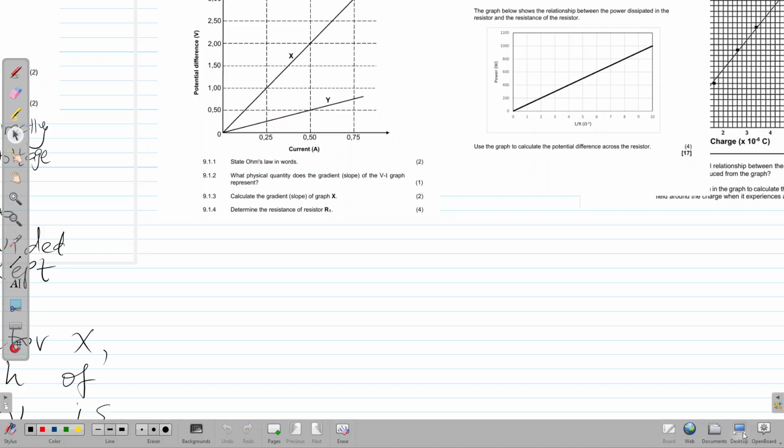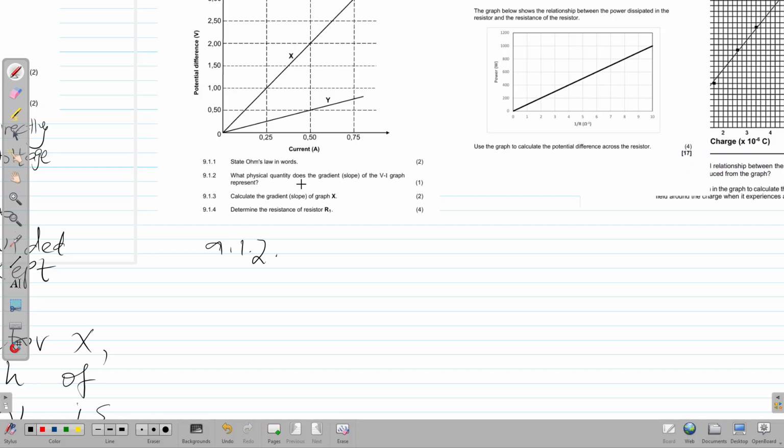Okay, so let's just answer 9.1.2. What physical quantity does the gradient, which is the slope of the graph V versus I, represent?